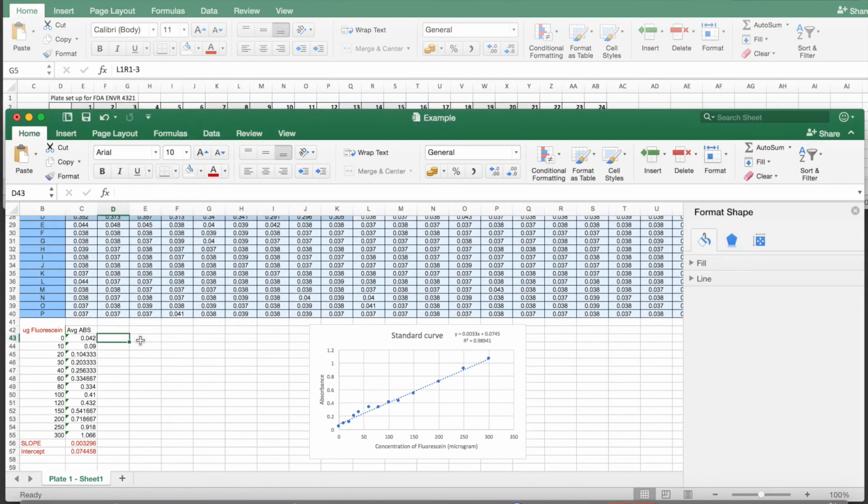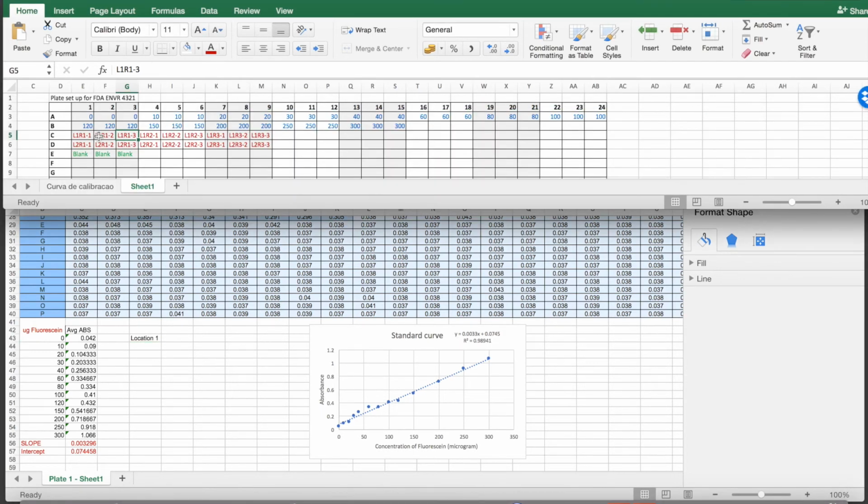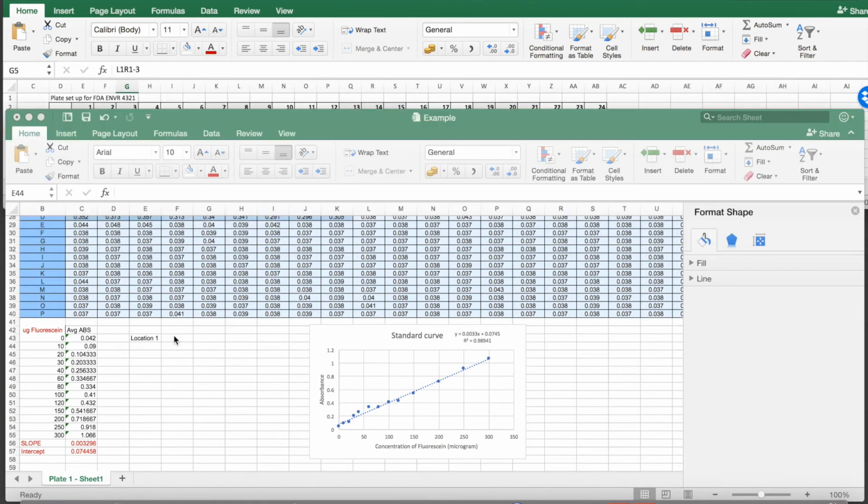So let's say group 2 had samples called location 1 and replicate 1.